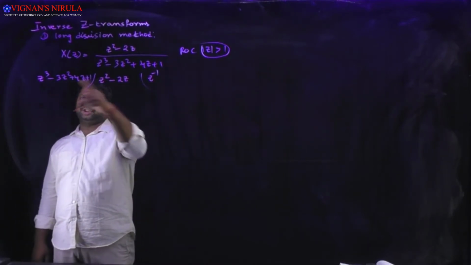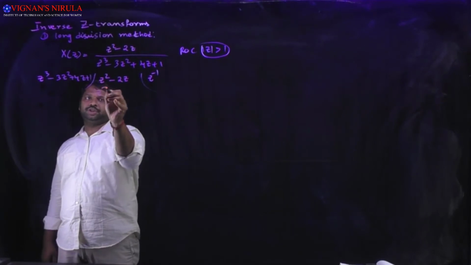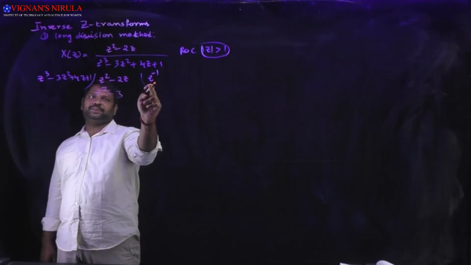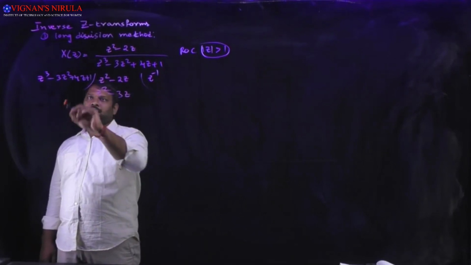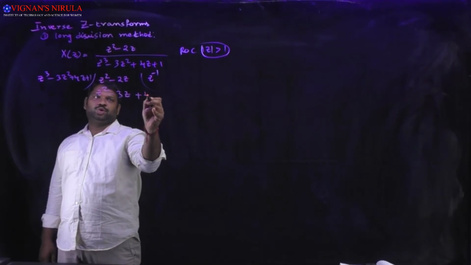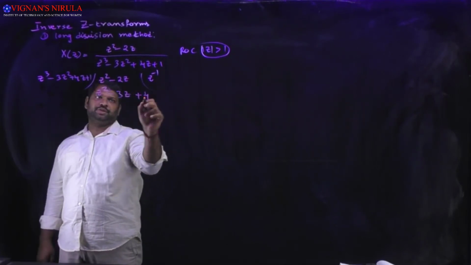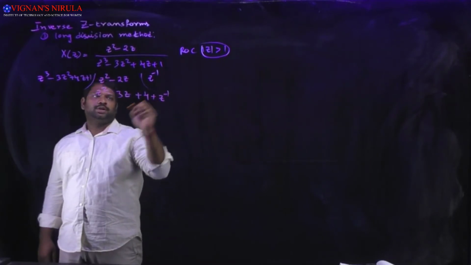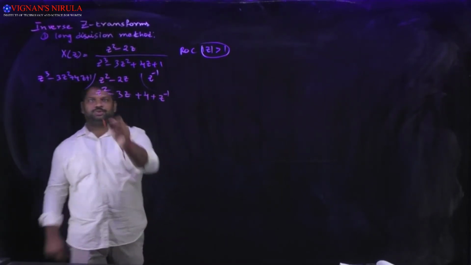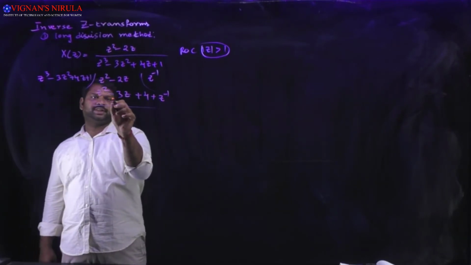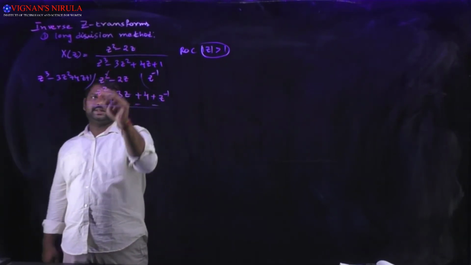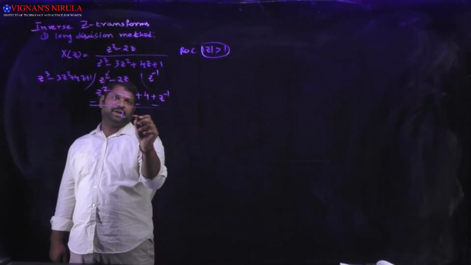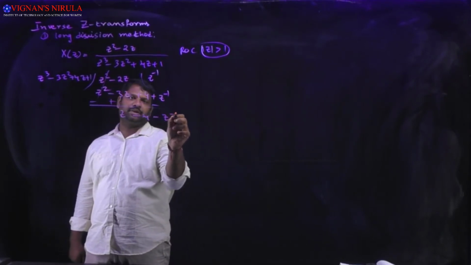That means z inverse into z cube is z square, minus 3z square into z inverse is minus 3z, plus 4z into z inverse is 4, plus 1 into z inverse is z inverse. Then take the opposite signs. Then cancel these two. 3z minus 2z is z, minus 4, minus z inverse.